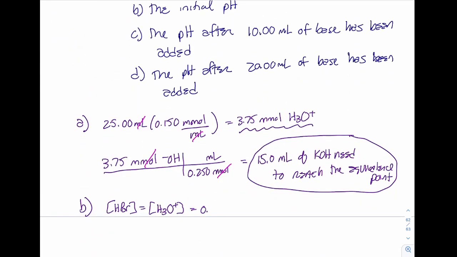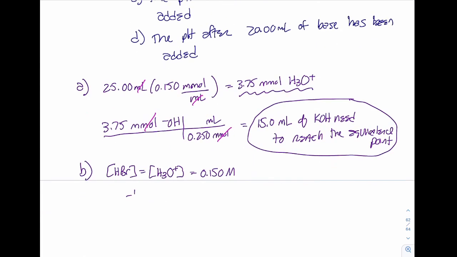And that's 0.150 molar, so we can just take the negative log of that number to get my pH. And I got 0.824 for that number. So that's my pH.